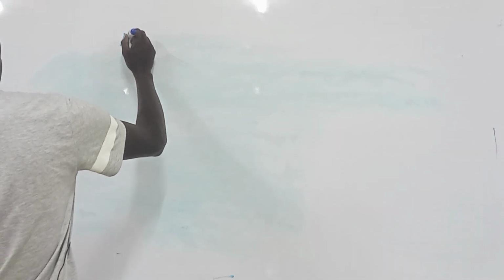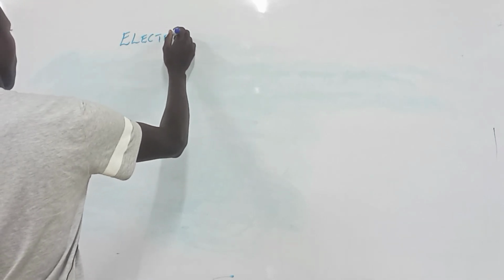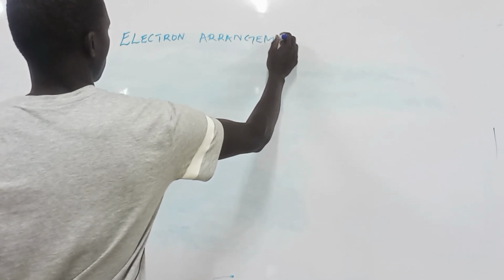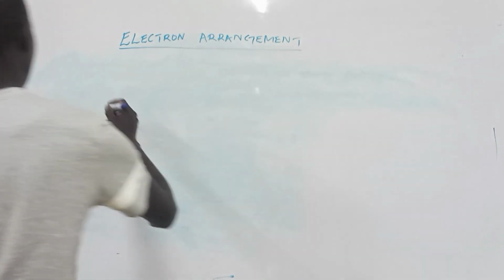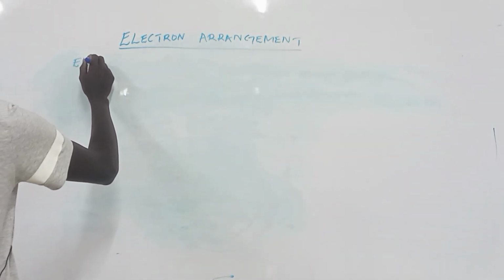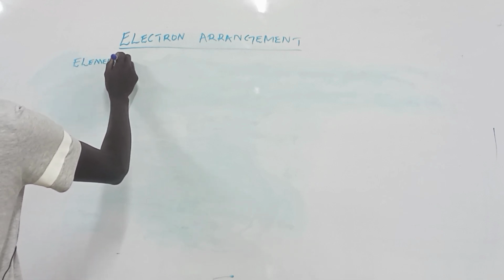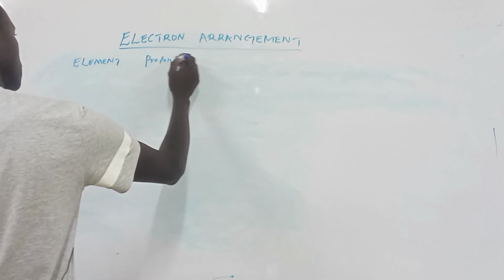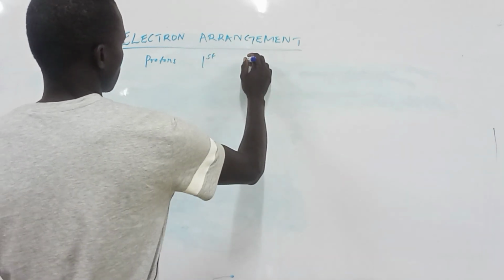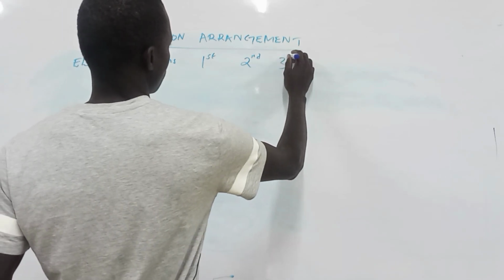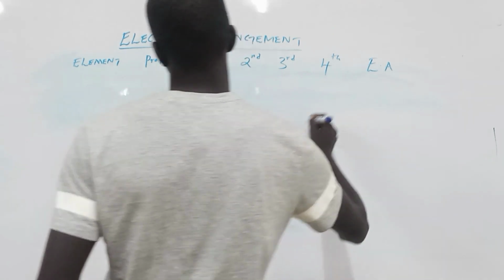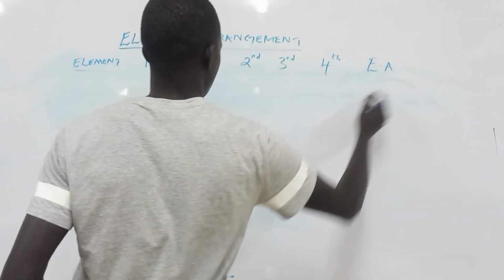Let's have here the element, the number of protons, the electrons in the first energy level, electrons in the second energy level, in the third energy level, fourth energy level, then the electron arrangement itself, or electron configuration.